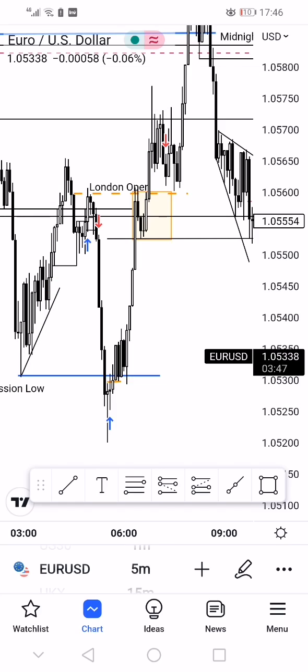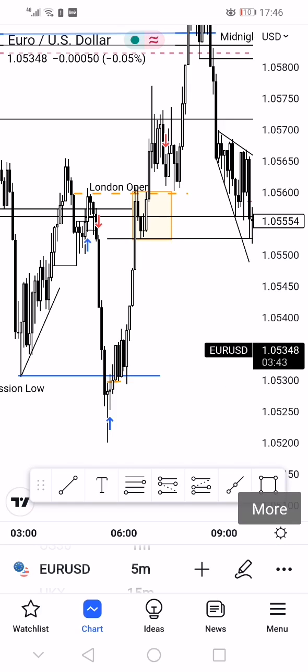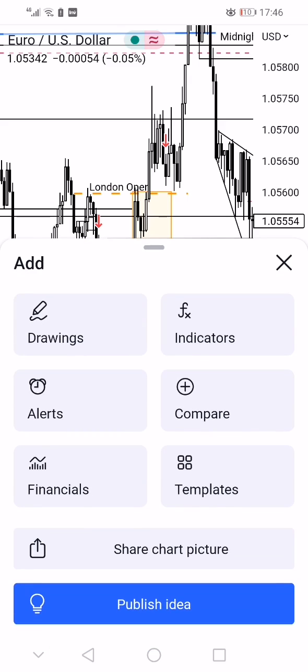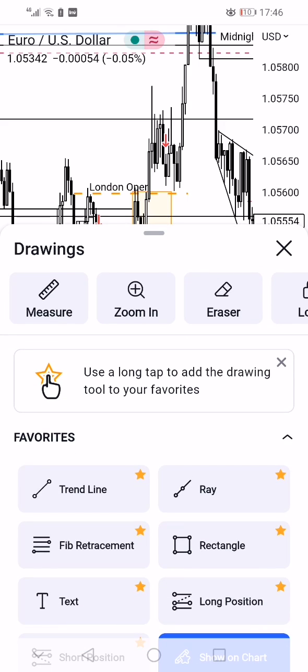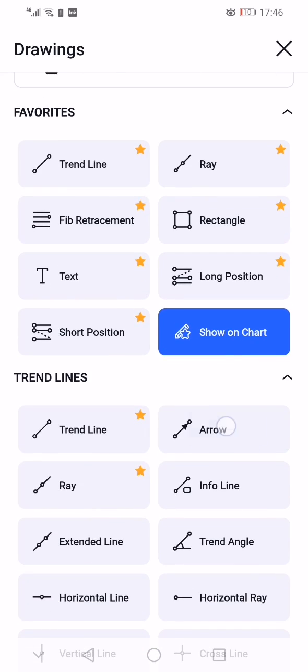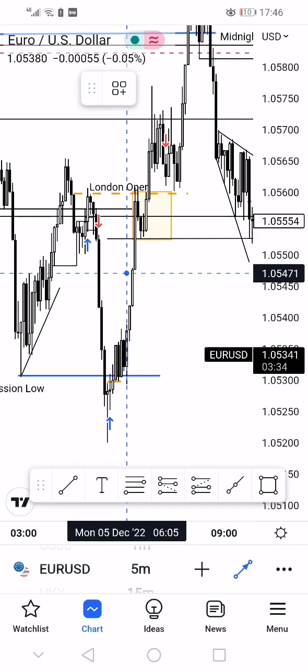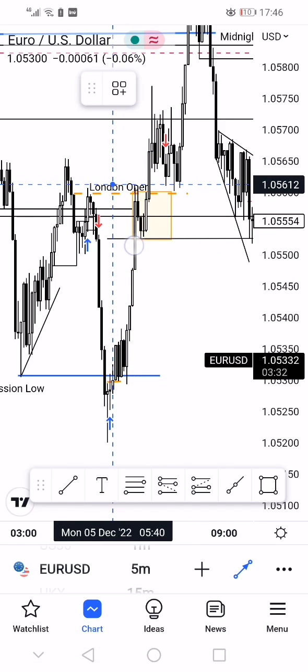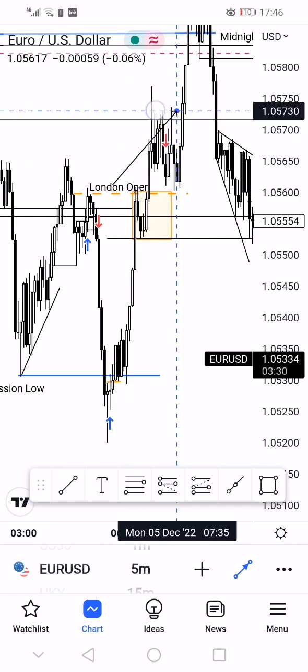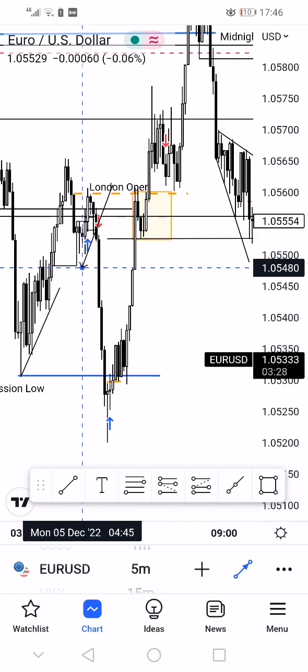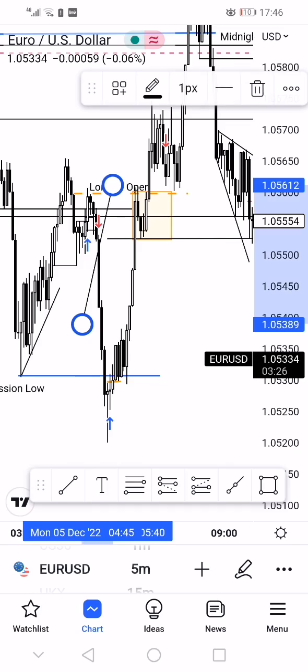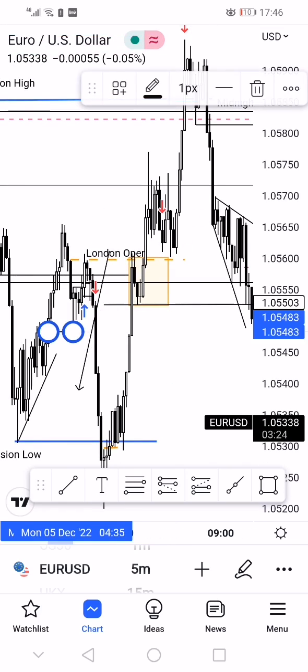So partials are, let's say you came into the marketplace with a position of, let's say, 0.1 lots on an instrument such as this one. So at that point now, you should be considering maybe taking half of your position out of the market and then maybe leaving half to run to your desired target. So that is exactly what we did here today.